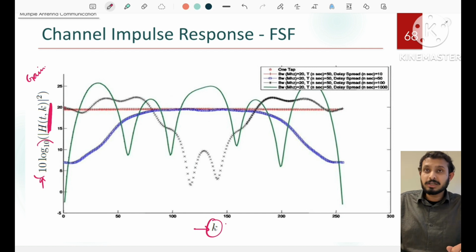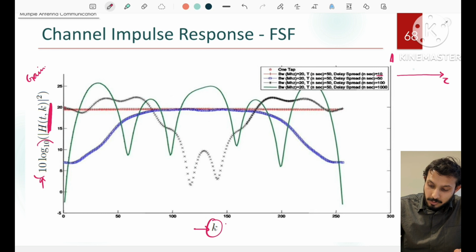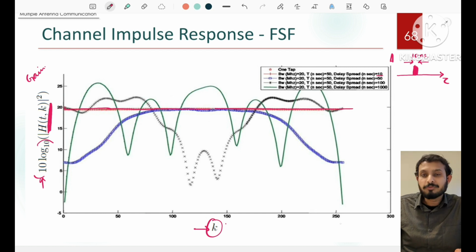The interesting thing to note here is when the delay spread is 10 nanosecond, that is, very small, and an impulse is launched into the system, we receive an echo. If this is the delay axis, we receive the echo with a very small fraction of delay, and this is 10 nanosecond. In this case we can observe that the frequency response is almost flat with change in frequency.